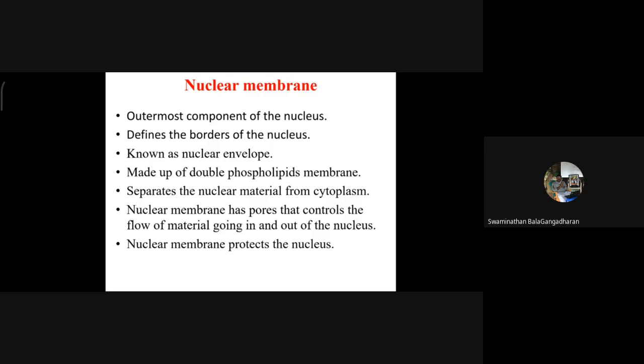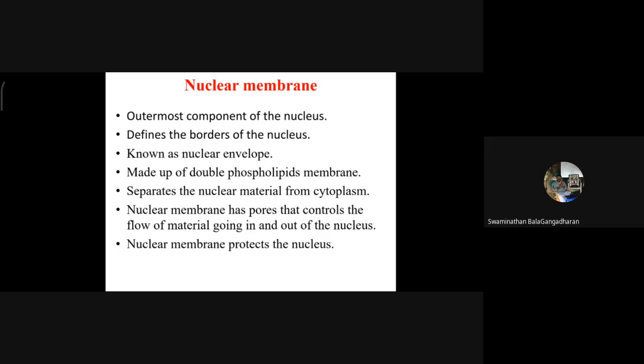Just as a cell has a cell membrane, the nucleus has a nuclear membrane. Just as a cell has cytoplasm, the nucleus has nucleoplasm. Just as a cell has a nucleus in the center, the nucleus has a nucleolus in the middle, and it contains genetic material in the form of DNA.